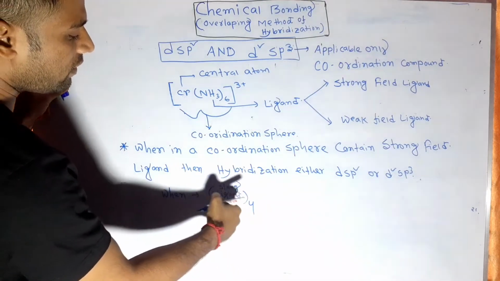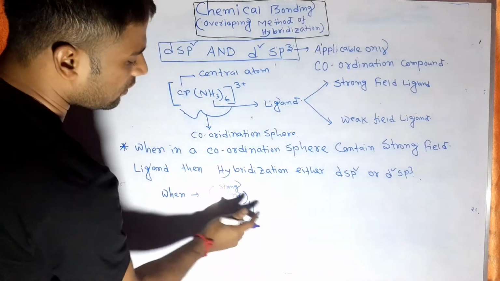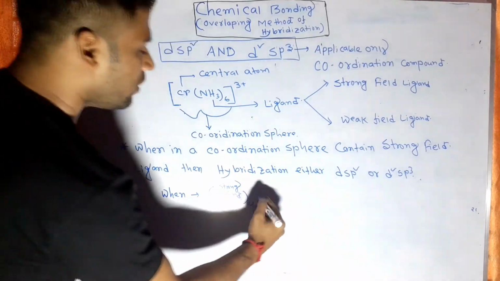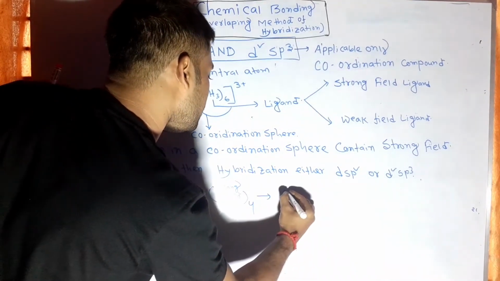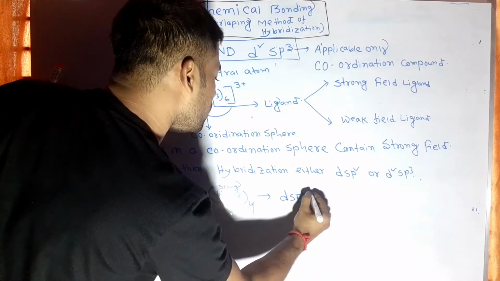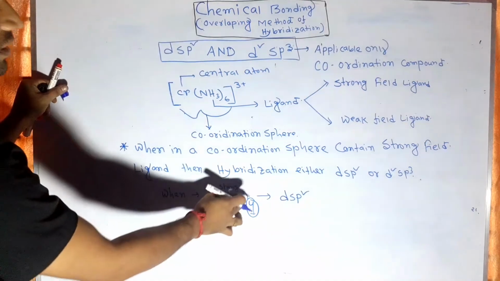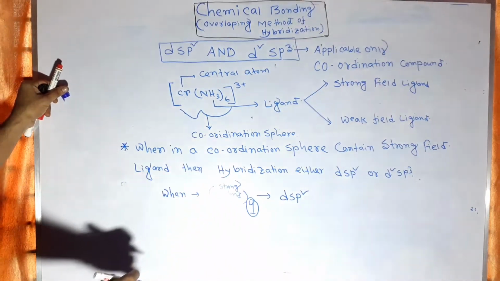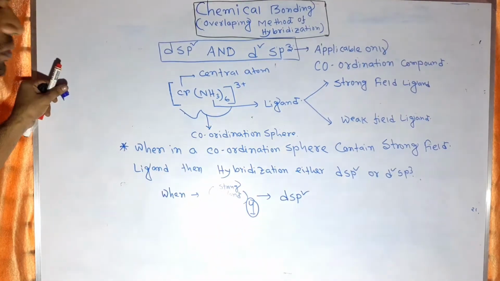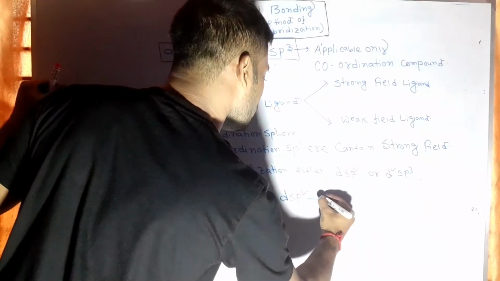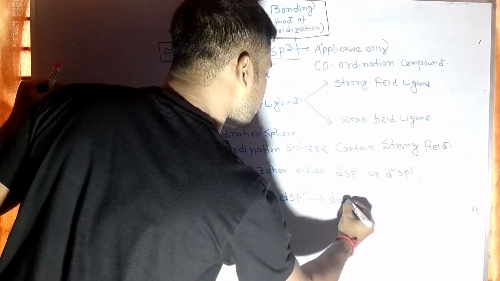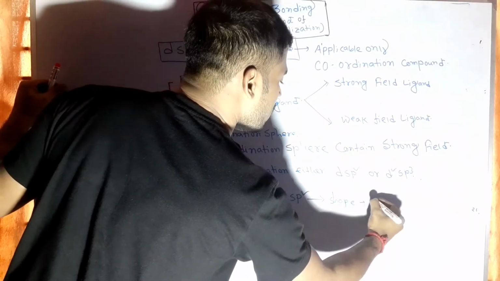If the ligand is strong field and the number is 4, then it must be dsp2 hybridization. What is the shape of dsp2? The shape of dsp2 hybridization is square planar.